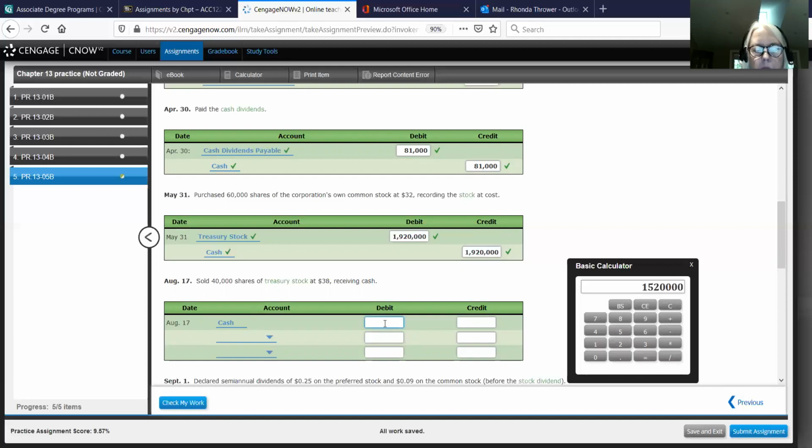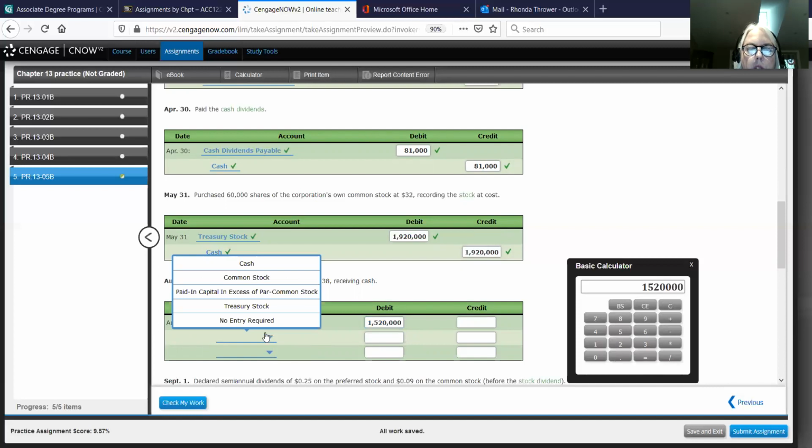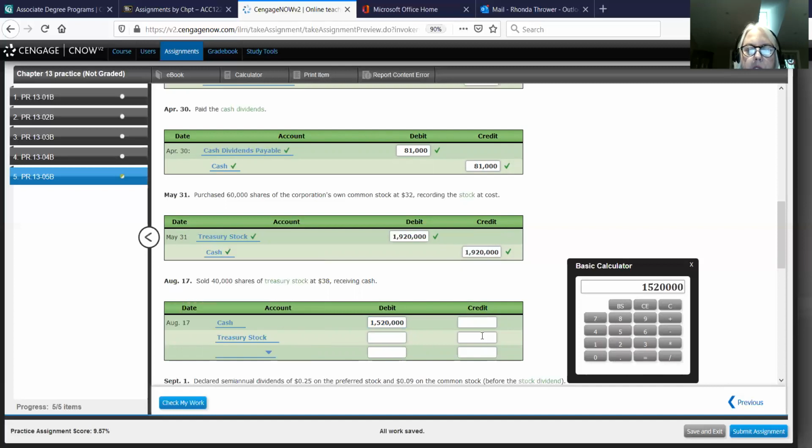So 1,520,000 is the amount of cash that we would receive from the sale of the treasury stock. Our treasury stock is going to be decreasing. To decrease the contra stockholders equity account treasury stock, we would credit it for the 40,000 shares that we sold times what it cost us, which is $32.